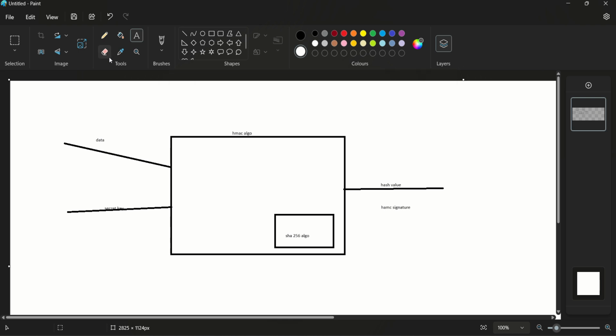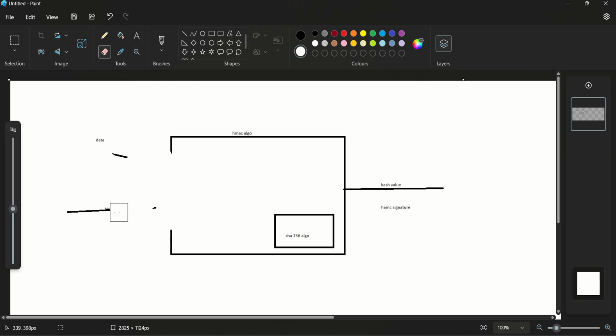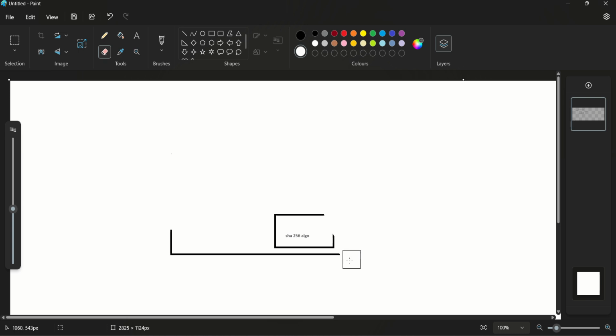Now I can explain the working of SHA-256, how we can use SHA-256 in our project, so you can understand properly how the HMAC SHA algorithm is used.